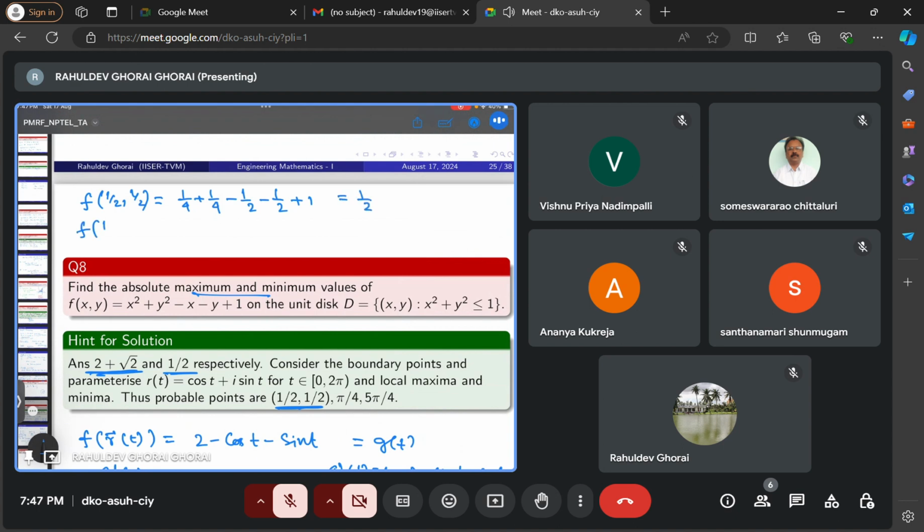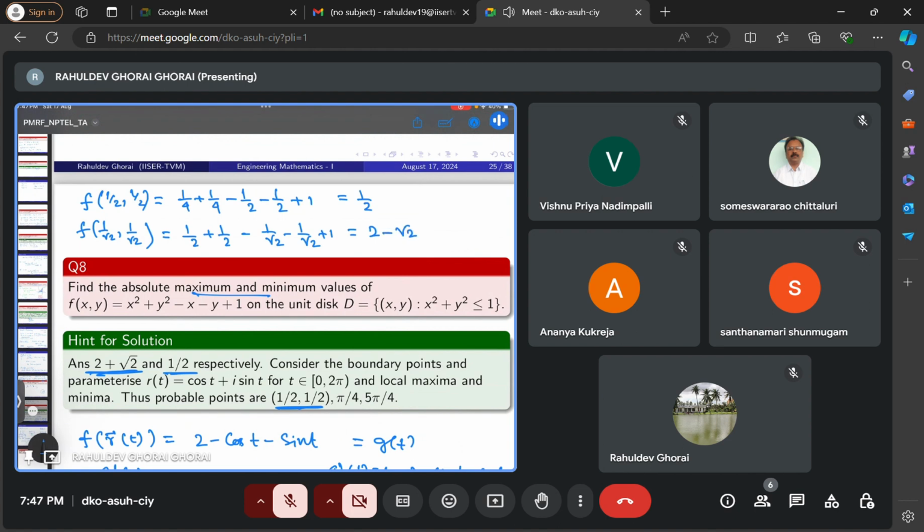F at 1 by root 2, 1 by root 2 will be 1 by 2 plus 1 by 2 minus 1 by root 2 minus 1 by root 2 plus 1, that will be 2 minus root 2, right?